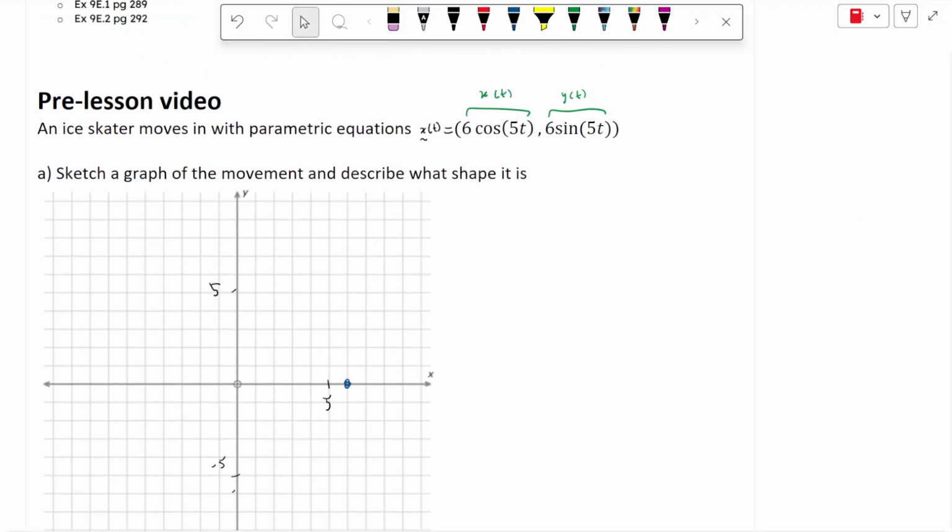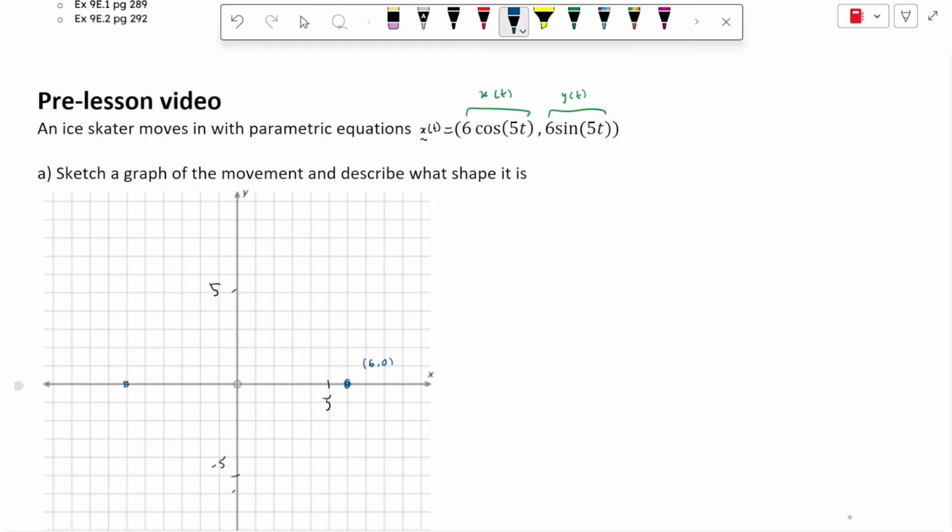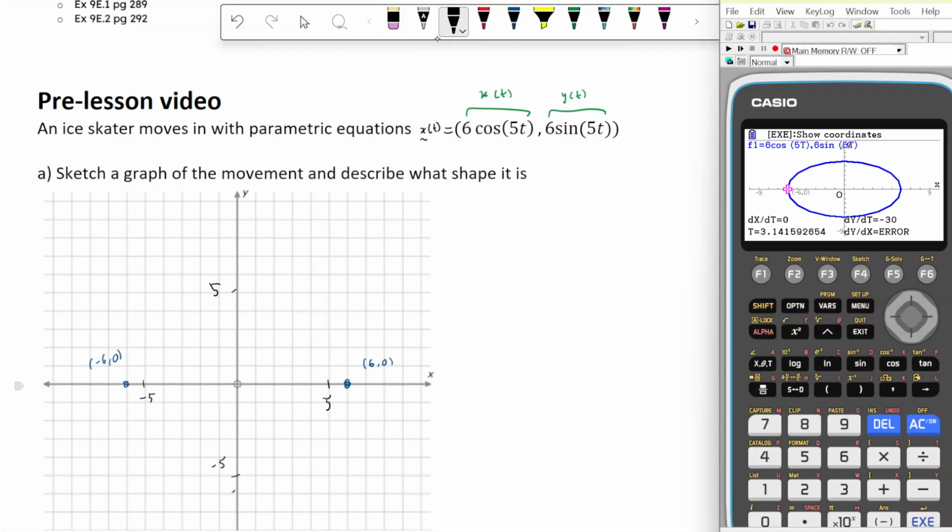And we can get some more points here. So that's 6, 0. Maybe let's try and trace at pi and see if anything interesting happens. So trace at shift pi. So we get -6, 0. So that's good. And maybe if I trace at another point, let's try pi over 2. There we go. Well, that's really good.